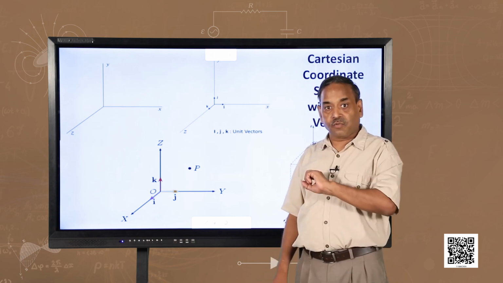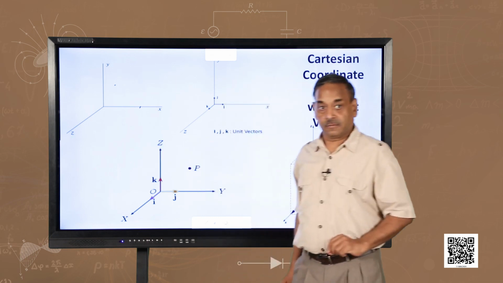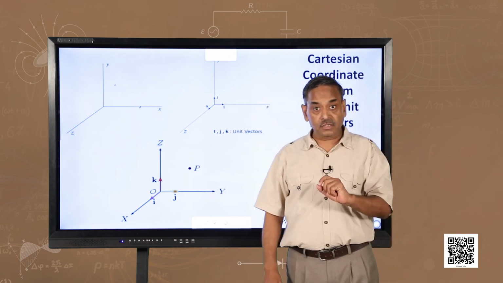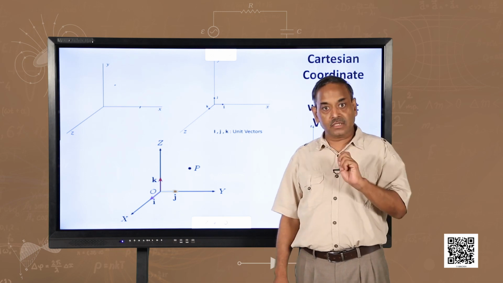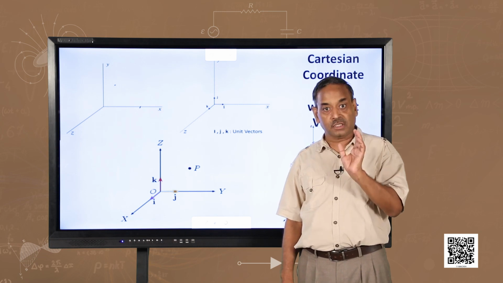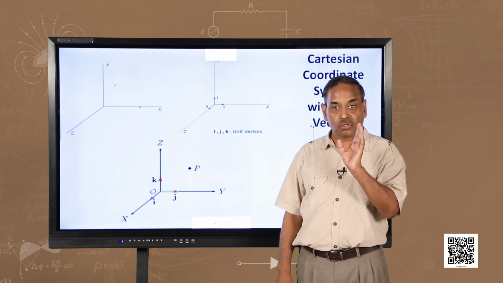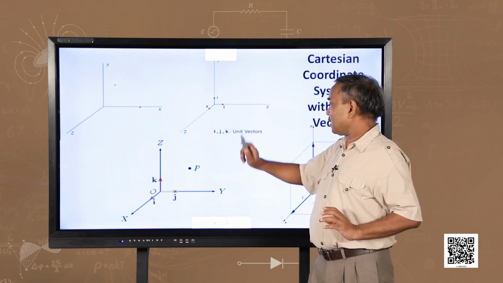Now, let us define 3 unit vectors along the x, y and z axes. A unit vector along the x axis means the vector which is along the x axis and whose magnitude is unity, means 1. So, look at this, i vector is like this.